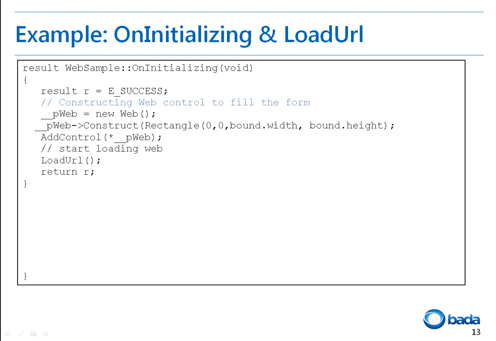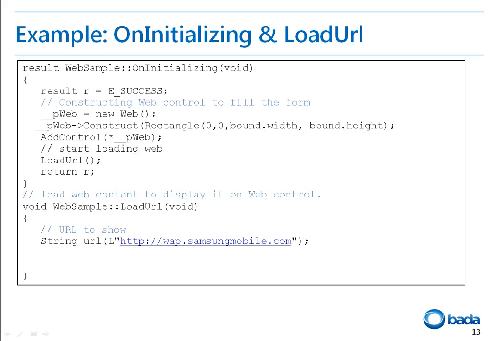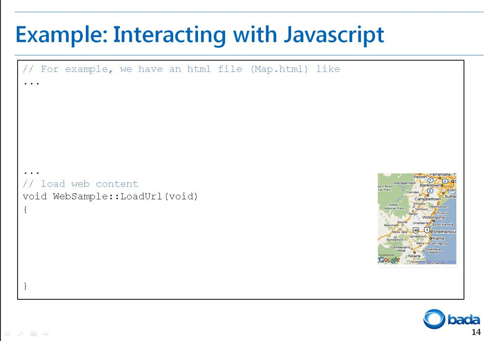Now, let's check my LoadURL function. Here, I've populated the URL and called the LoadURL method of the web control to load the URL and start displaying the web content. Now let's peruse a sample code snippet to interact with JavaScript.